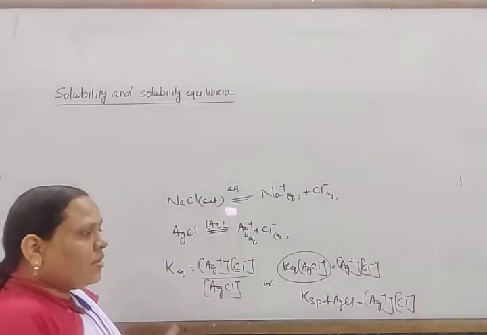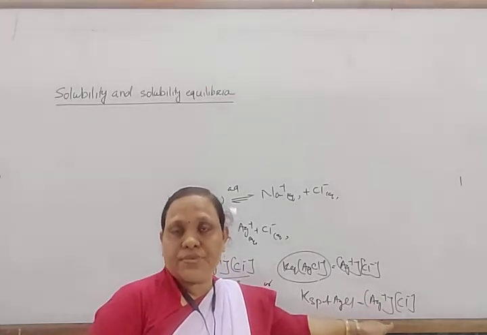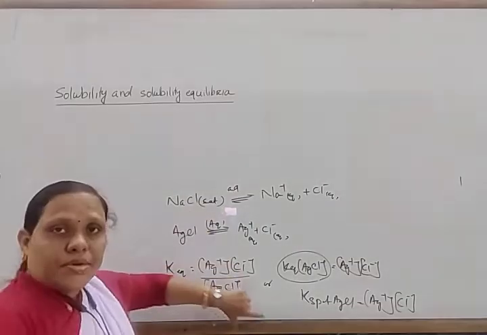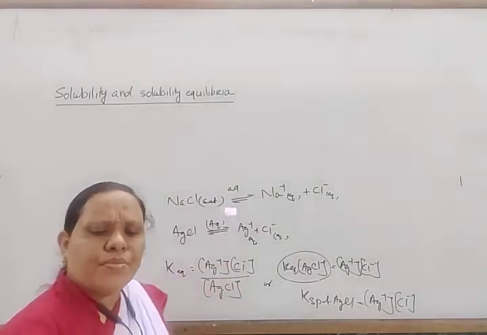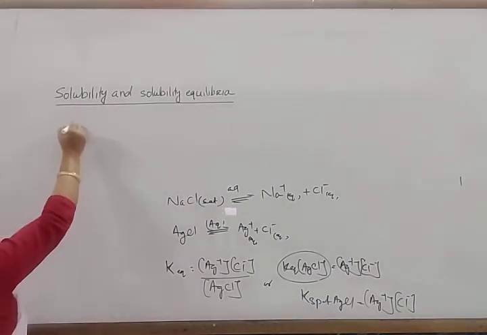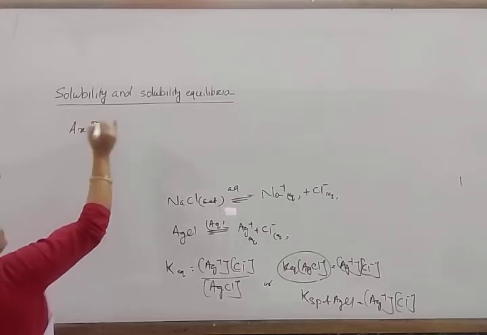So, solubility product is a product of molar concentration of its ions. Suppose we consider a more general salt having formula AxBy.